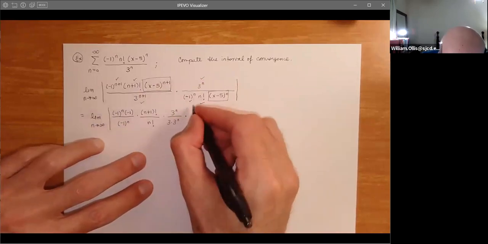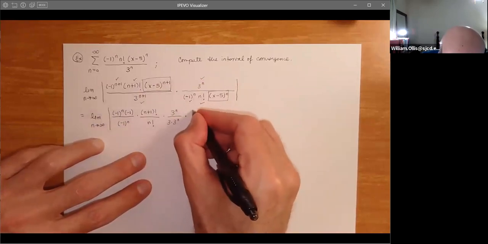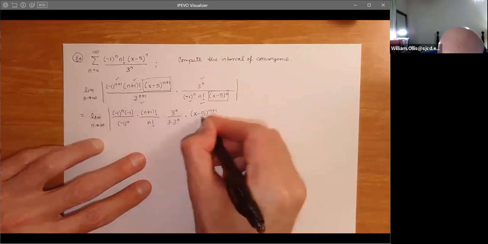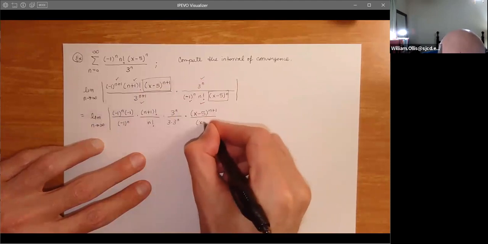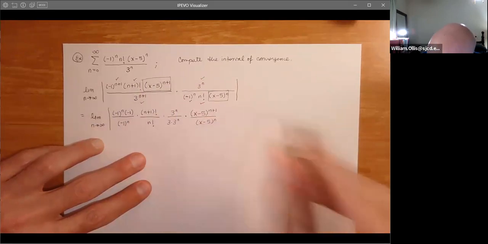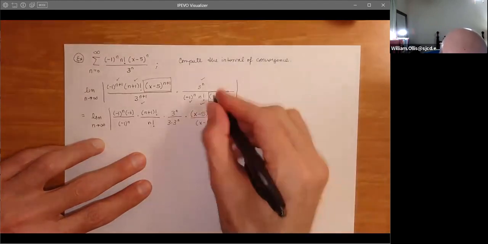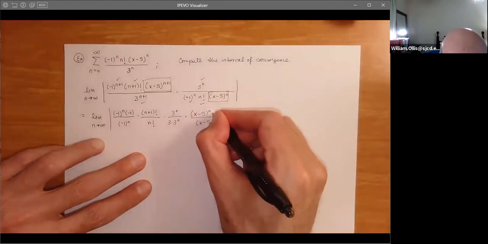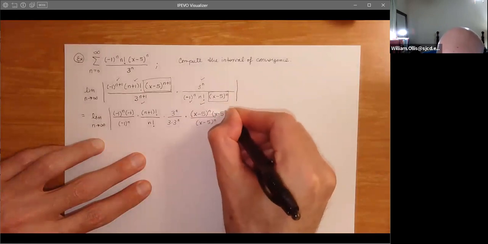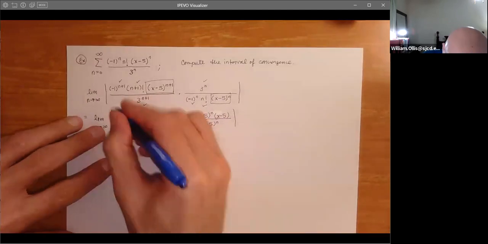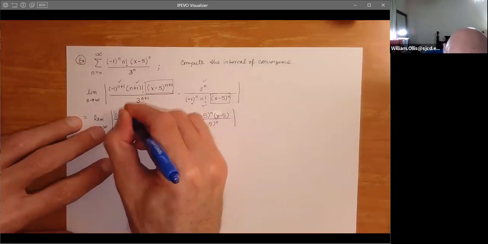I'll go ahead and write it out, but you could collapse that if you want. Let me do it like I've done the others. Just go ahead and write it out with the two factors. Now when you look at this, pretty much everything absorbs.